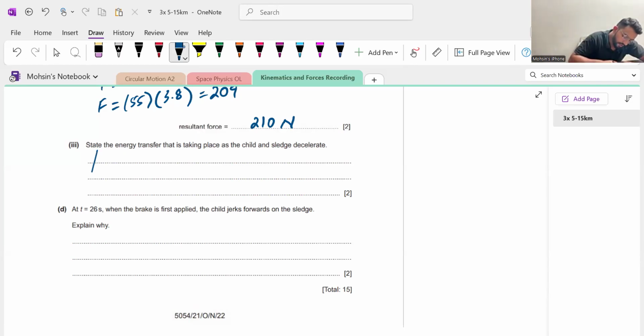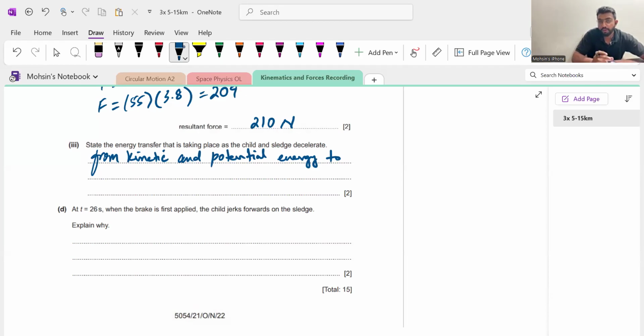So initially it has kinetic and potential energy. Two, because the brakes are applied and it is stopped by the friction. Friction causes thermal energy to dissipate and it will stop. So it will not have kinetic energy when it stops because it is not moving. So it means all this energy will be converted into thermal energy.